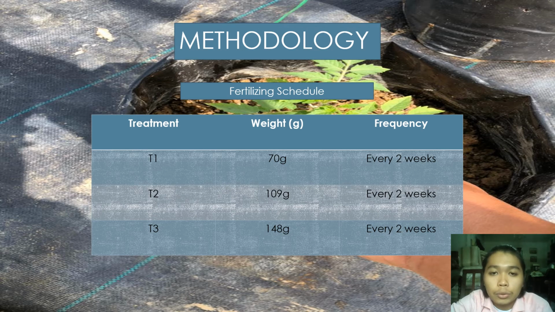For treatment 2, I use NPK plus organic compost, every 2 weeks, and the total of fertilizer is 109 gram. For treatment 3, I use compost, with a total of 148 gram, also every 2 weeks.